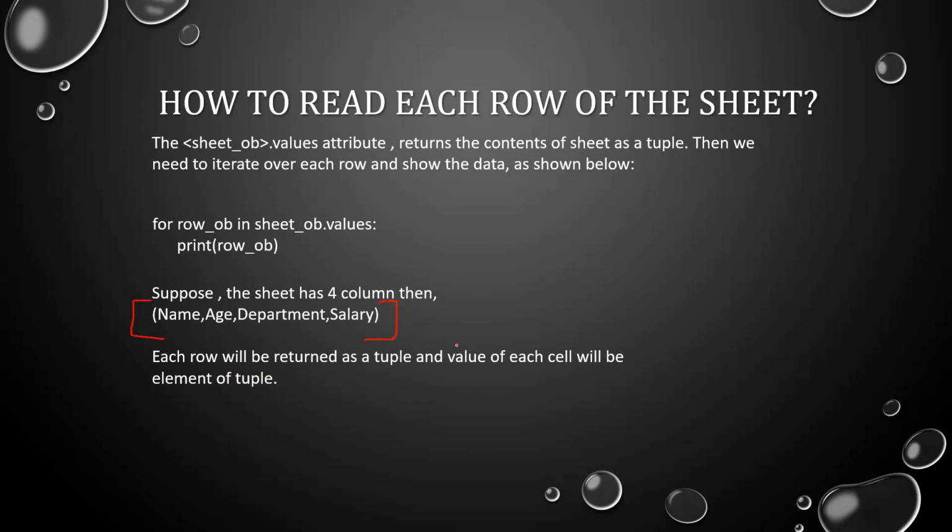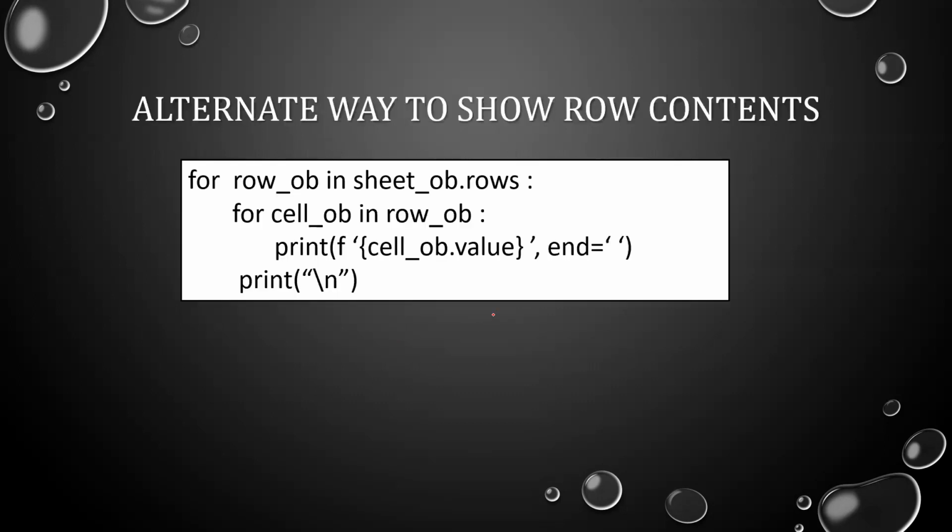Okay. If we want, rather than showing the values as a tuple, if we want to show it individually, the alternate way to do this is fetching the row object, all the rows, and then iterating over each row for the cells in that particular row. Then we can output the values separately like this.